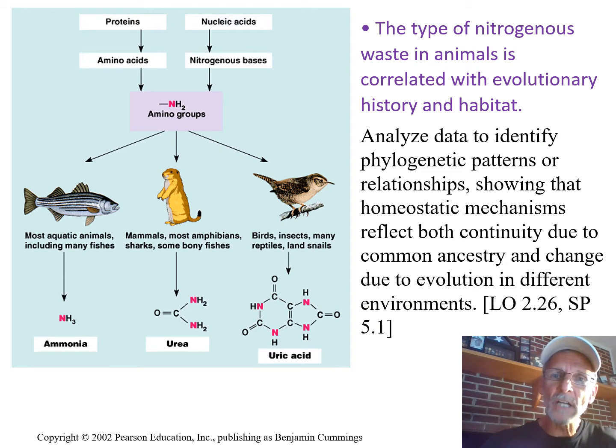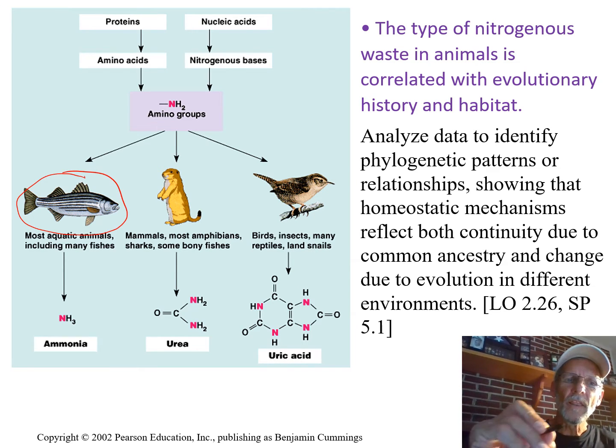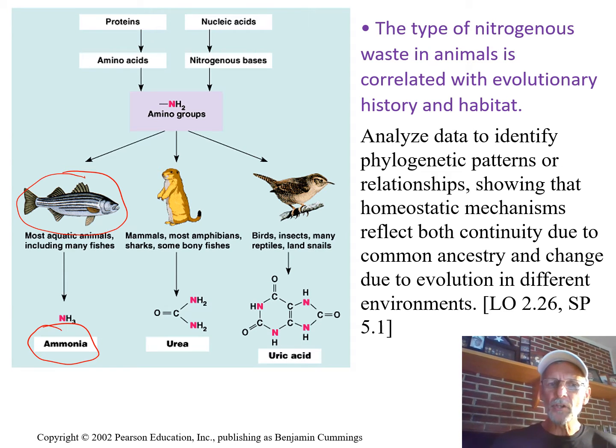The type of nitrogenous waste in animals is correlated with evolutionary history and habitat, and that simply means this: if you live in the water, this initial form of breakdown of proteins, that's ammonia, it's very toxic. You can't handle a very high concentration of it.